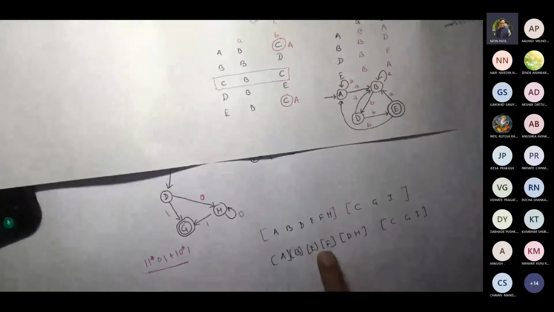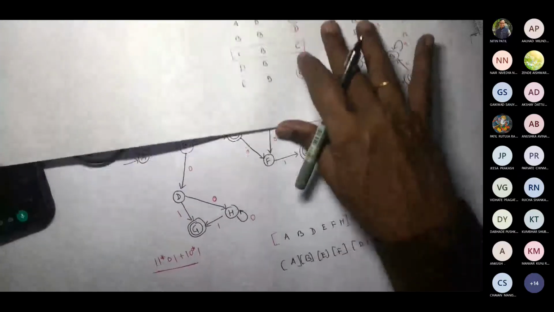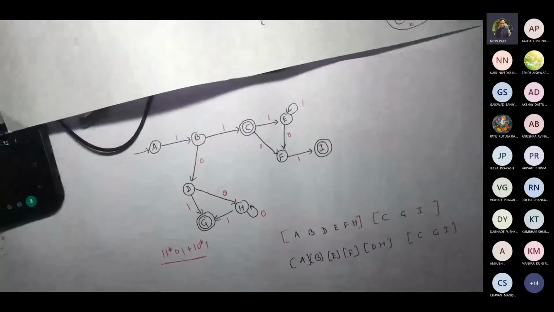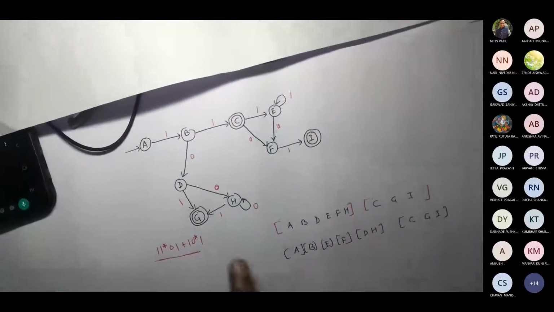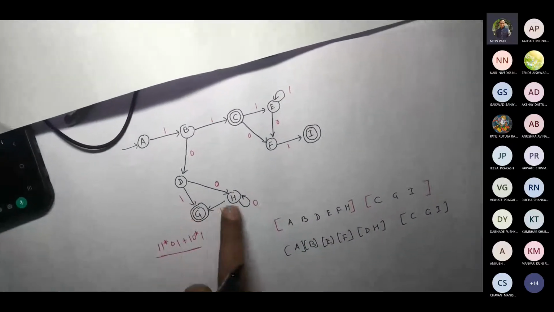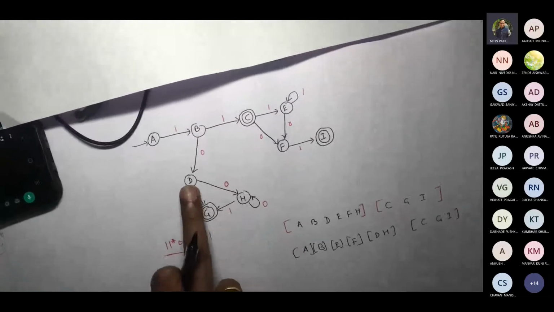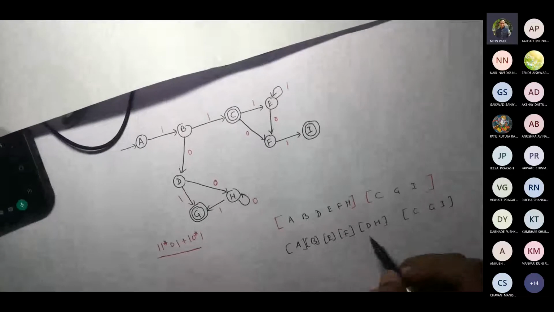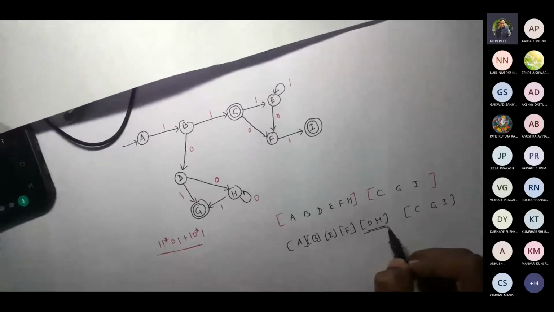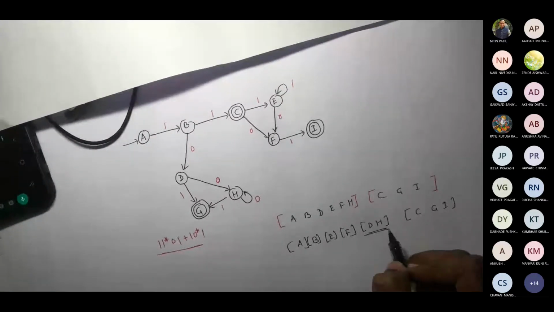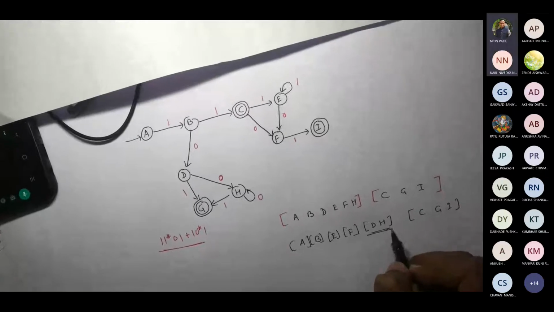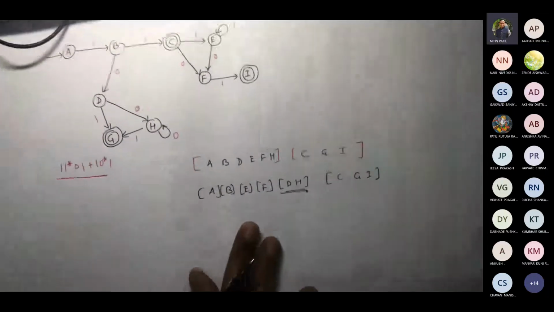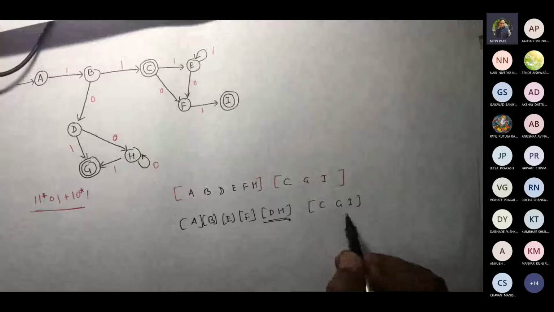Same case here for D and H. For D with 1, it goes to G. For H with 1, it goes to G. For 0, it remains in the same group. That's why we'll keep this one. Is that okay? Yes, sir.